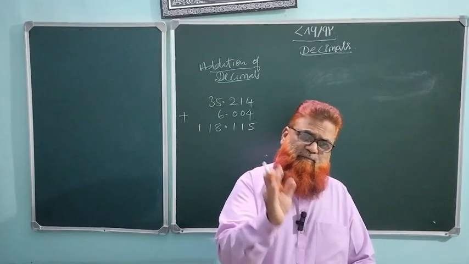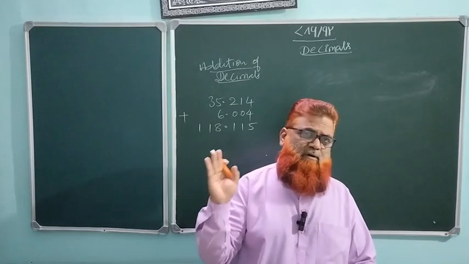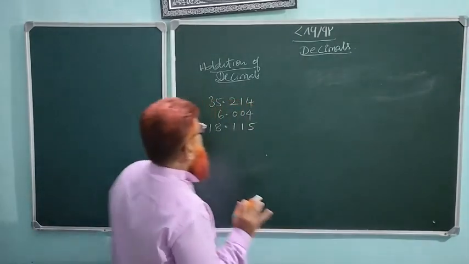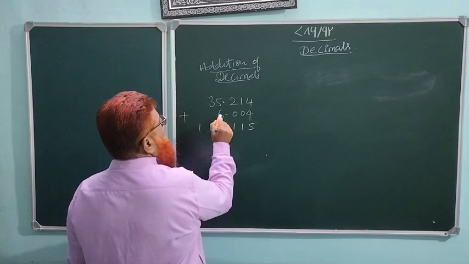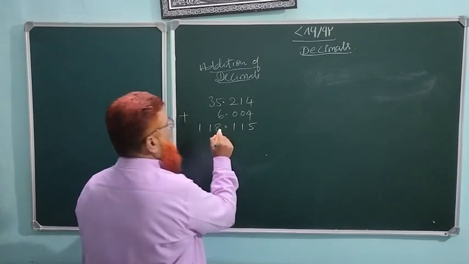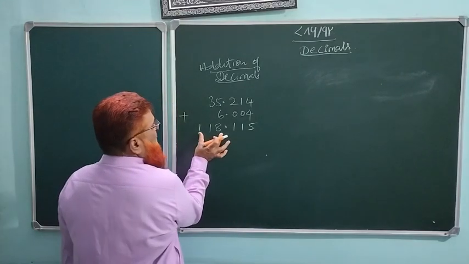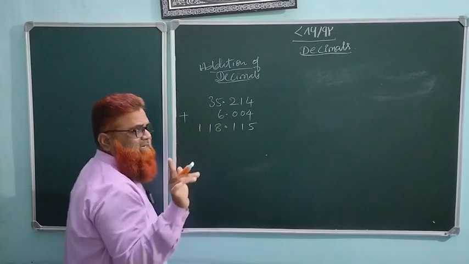The decimal places should be aligned with the decimal places only, and the whole places should be aligned according to their respective whole positions. Here 35 is a whole number, 6 is a whole number, 118 is a whole number. The last number has three digits in the whole part, and the second number has a single digit.